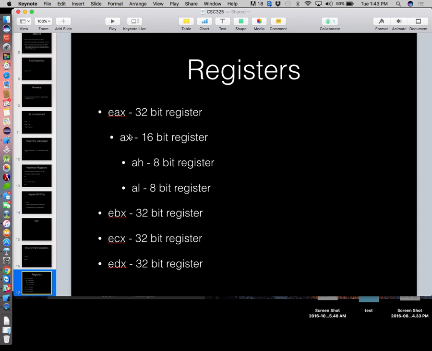All right, so if I gave you a scenario where I had a value in AX, and then I did an add AH comma AL, what the result would be and what it would impact. So add always puts the result in the destination register, the left one, right?